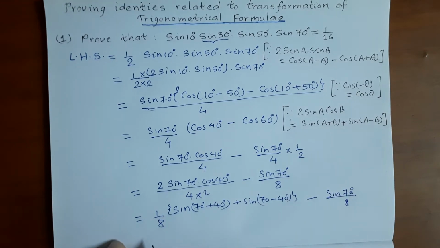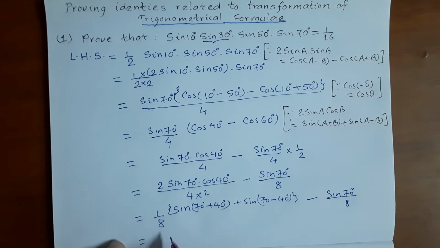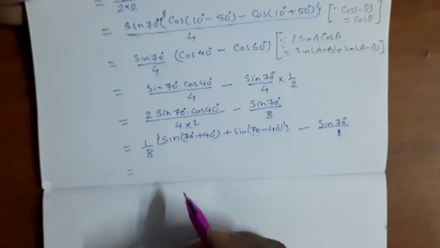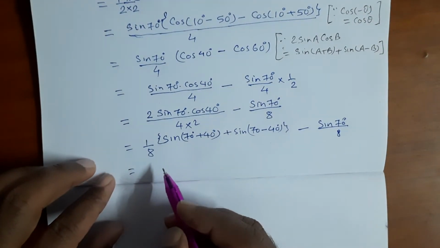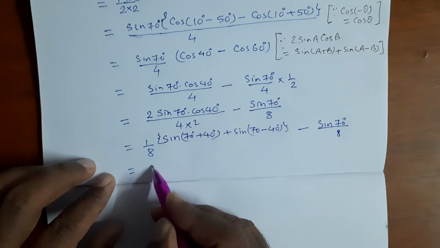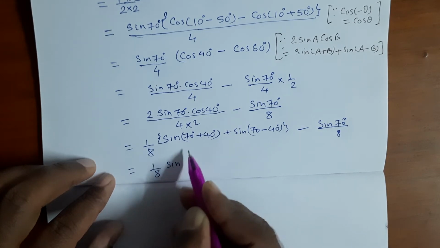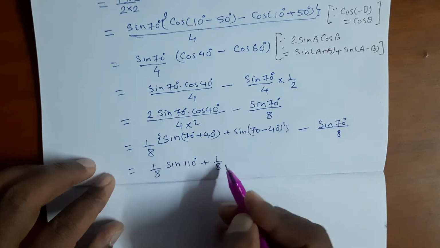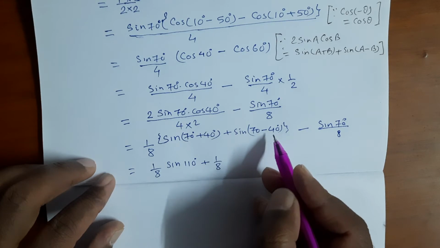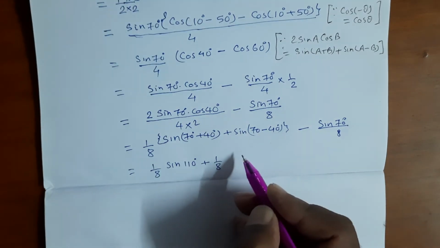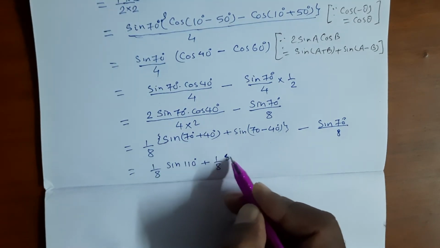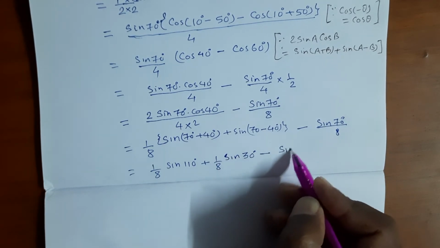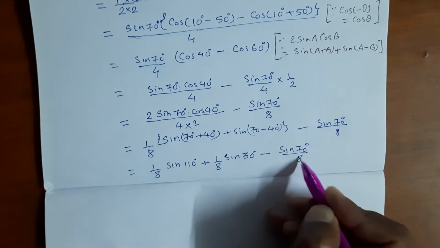Now this equals 1 over 8 sin 110 degree, plus 1 over 8 sin 30 degree, minus sin 70 degree over 8.